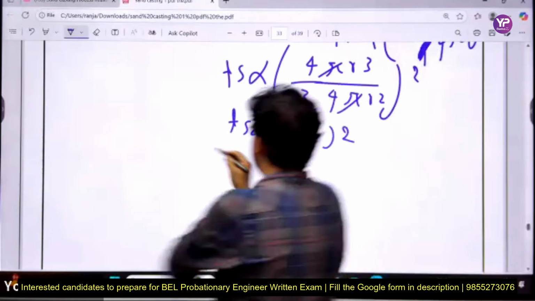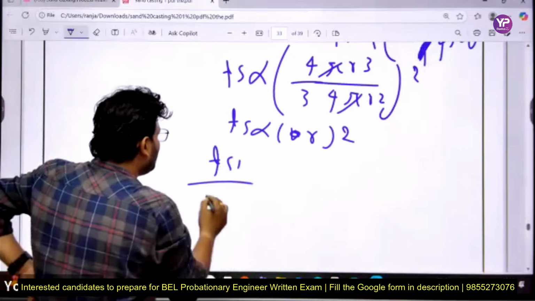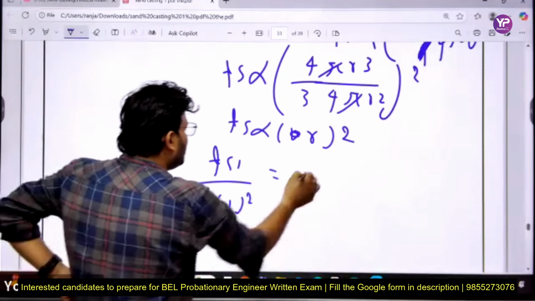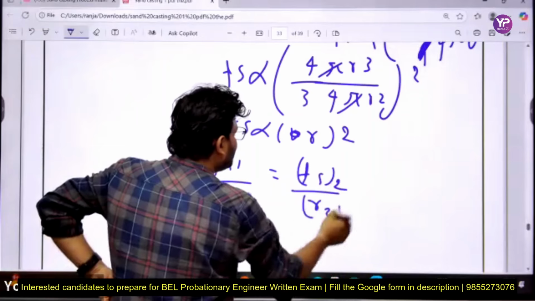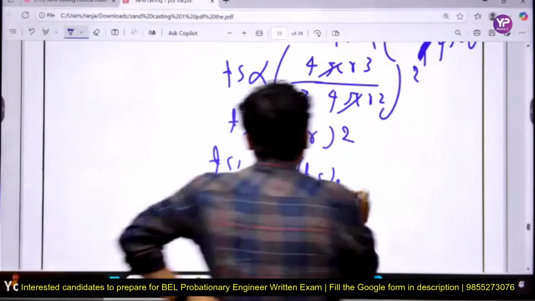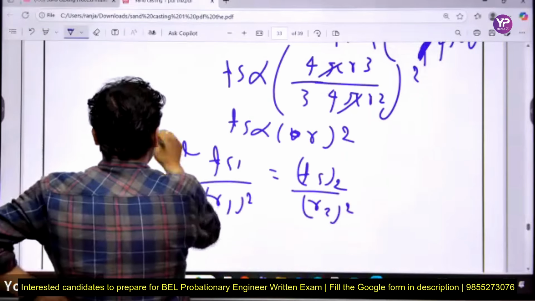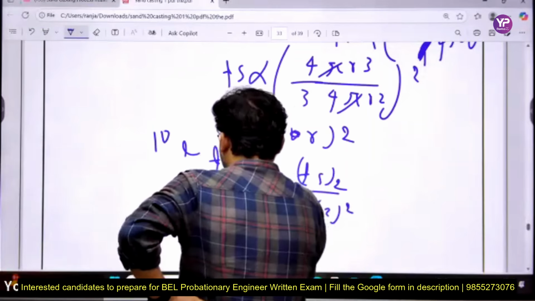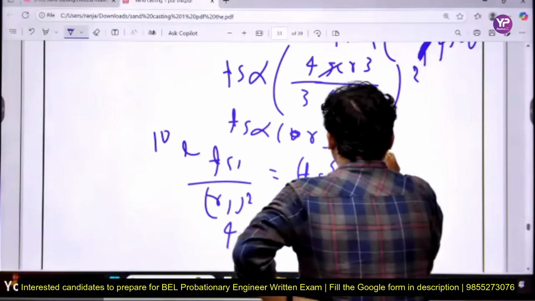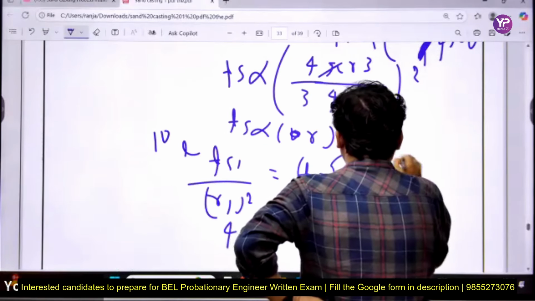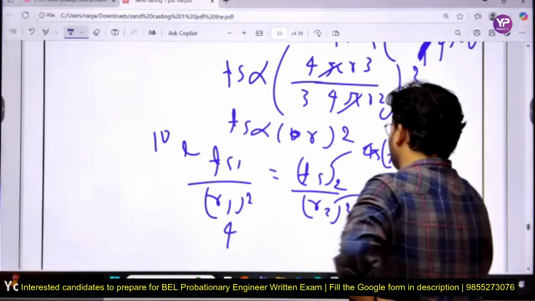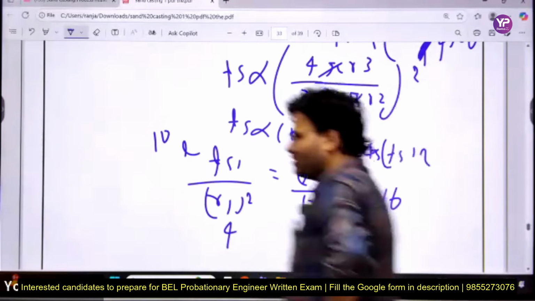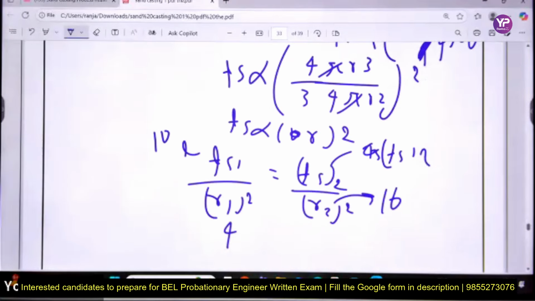So we can say Ts1 upon R1 square is equal to Ts2 upon R2 square. Ts1 is 10, R1 is 2, Ts2 you have to calculate, and R2 is 4.